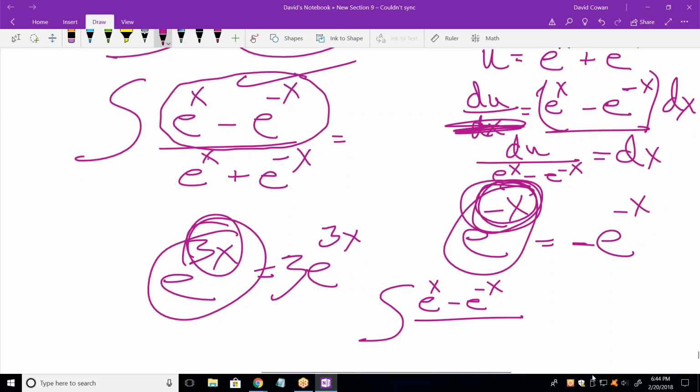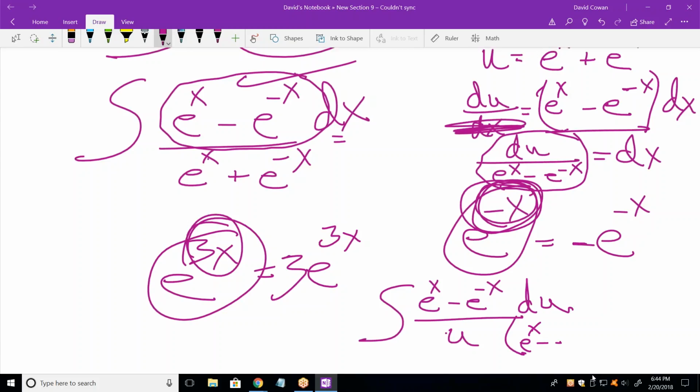The bottom is u. And now I have to substitute for dx. Well, dx equals du over e to the x minus e to the minus x, taking out that which I didn't want there anymore anyway.